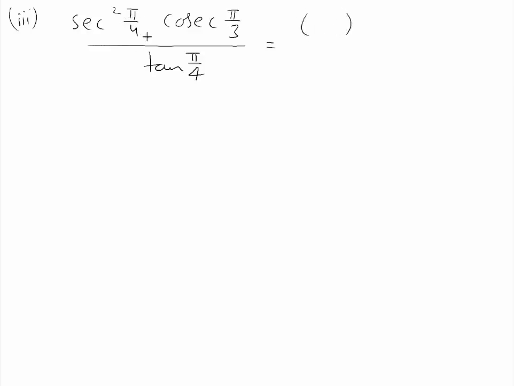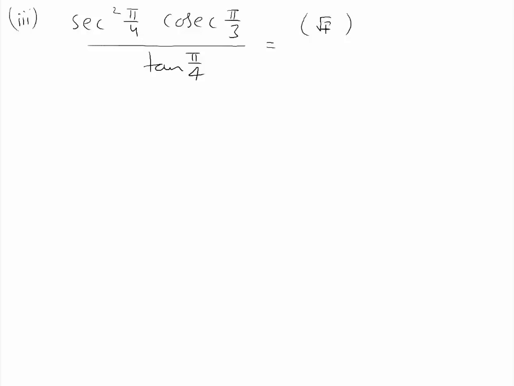Third is sec square pi by 4 multiplied by cosec pi by 3 divided by tan pi by 4. So this equals sec square pi by 4 is sec pi by 4 the whole square. Now sec pi by 4 is reciprocal of cos pi by 4.